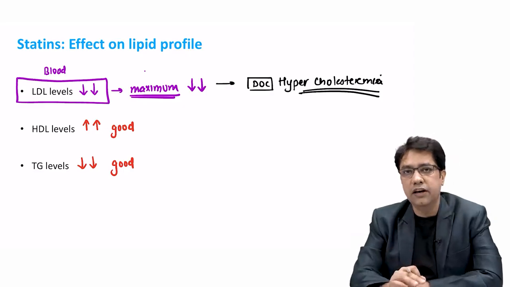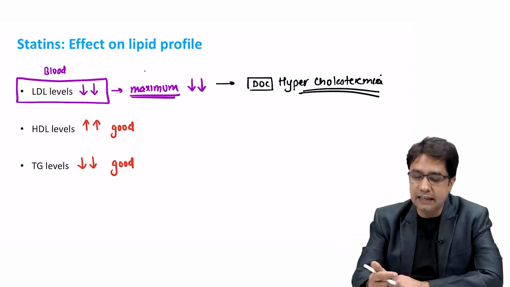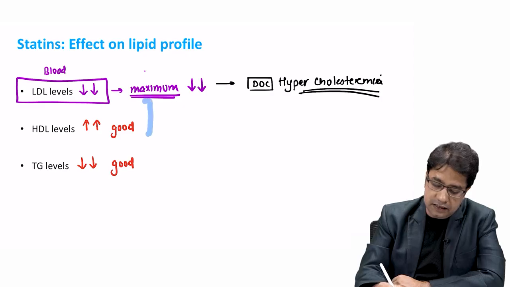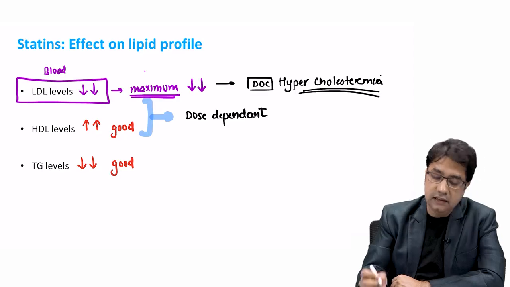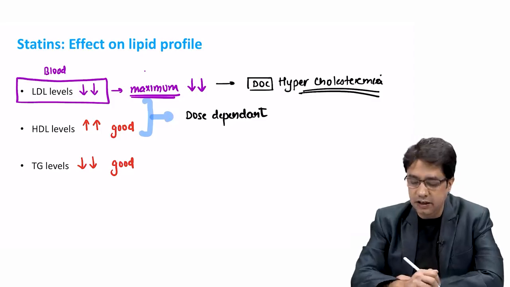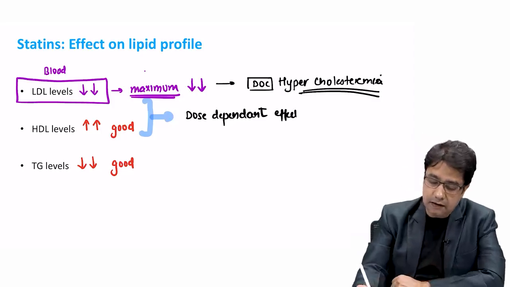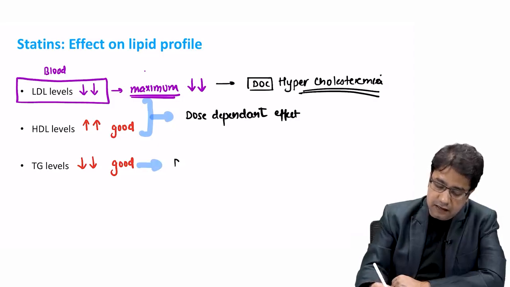Now, the first two effects of statin, that is reduction in blood LDL level and increase in HDL level, are dose-dependent effects of statins. That means, if you give a higher dose, there will be more reduction in blood LDL level and increase in HDL level. But a decrease in triglyceride level is a dose-independent effect of statin. It does not depend upon the dose.